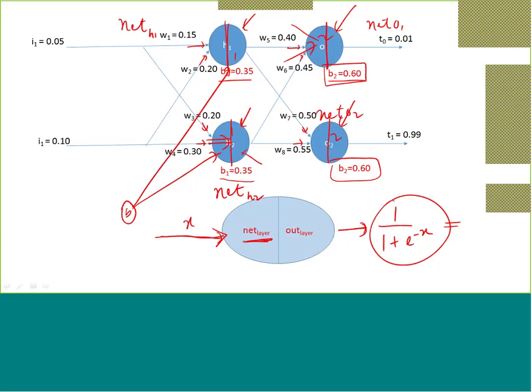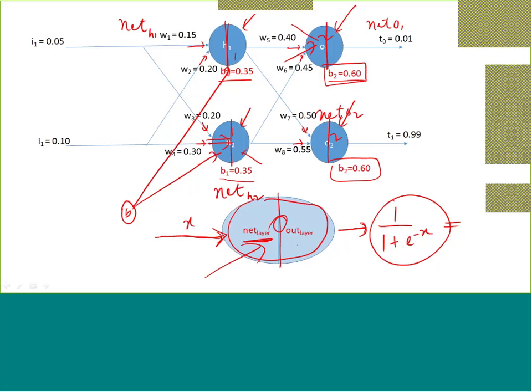So for every node I have some input that I denote by net, and the output after transformation. Transformation means applying the sigmoid function on that input.